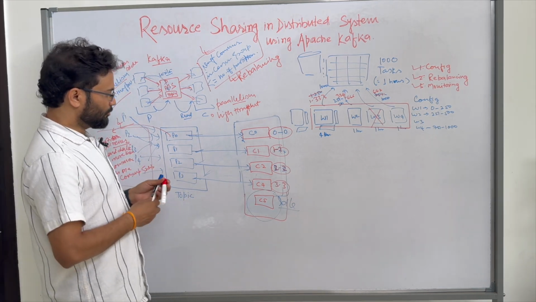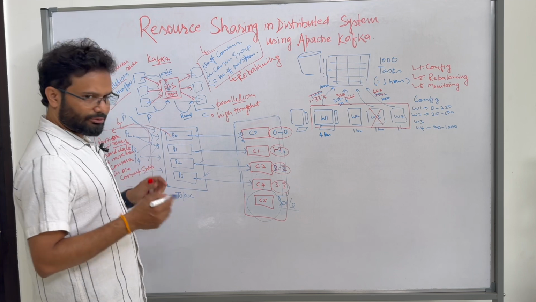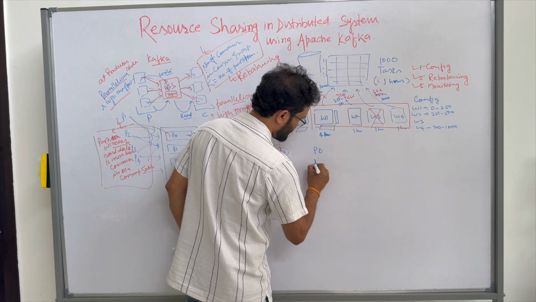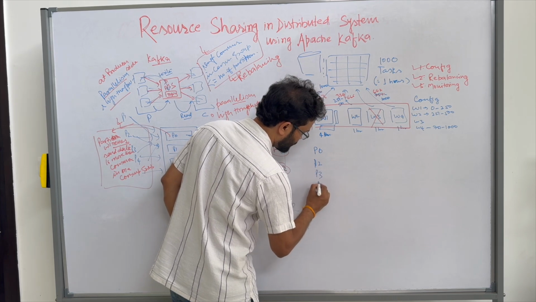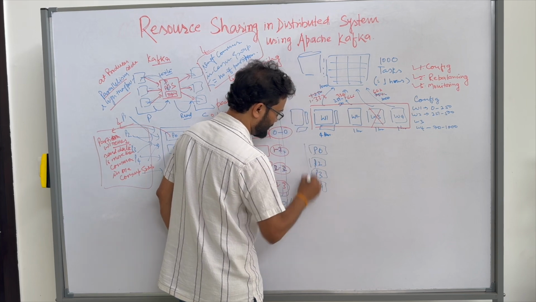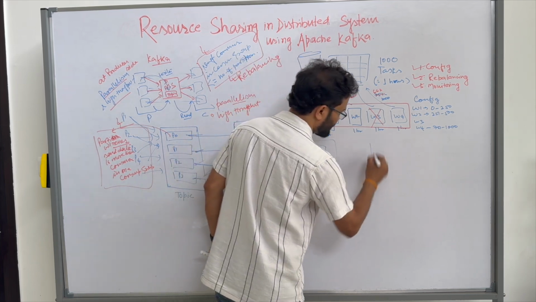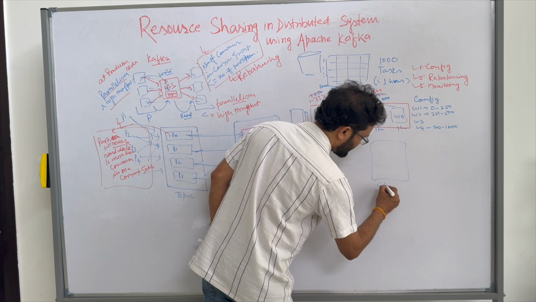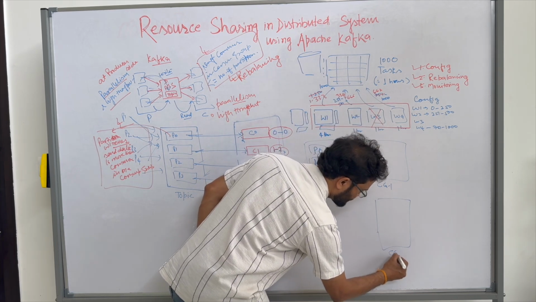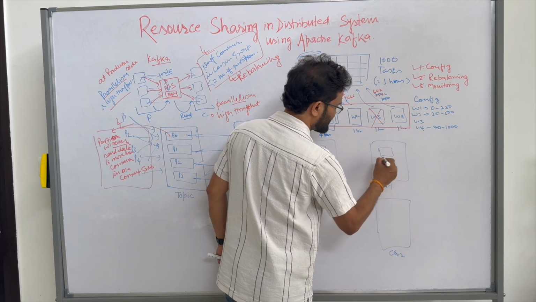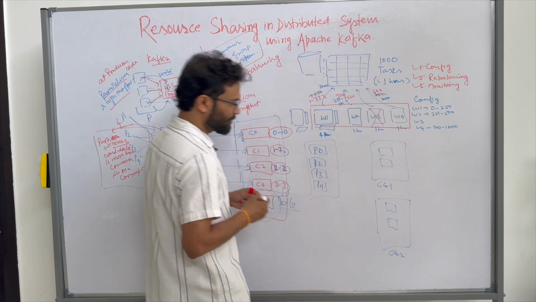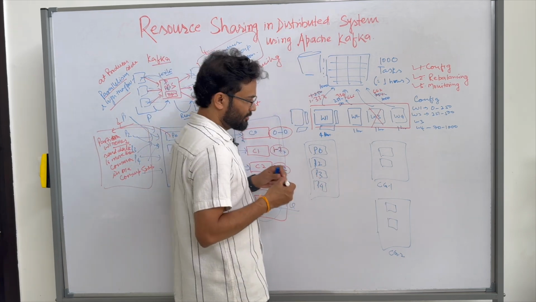Now I'm telling you one out-of-the-box thing that is not required here, but just for your understanding. Suppose you have four partitions in a topic, and here is consumer group one and another consumer group, each with two consumers.